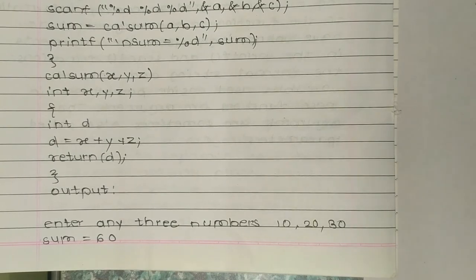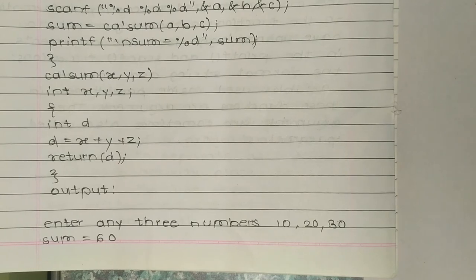Now d = x + y + z; then return d. That means return the value of d. So here we have completed the function part: calsum with int x, y, z, then d = x + y + z, and return d.